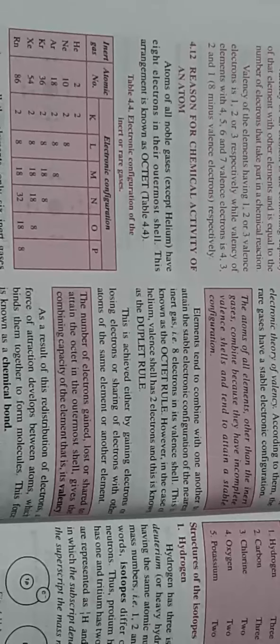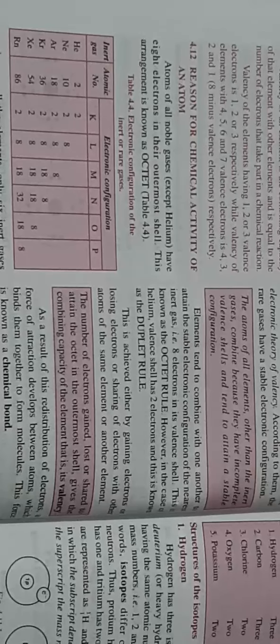So what will sodium do? It will try to lose 1 electron from its outermost shell and form a cation to get the 2, 8 electronic configuration of neon. So metals generally become stable by losing electrons, whereas non-metals have 5, 6, 7 electrons in the outermost shell. They cannot lose, but they can gain electrons.